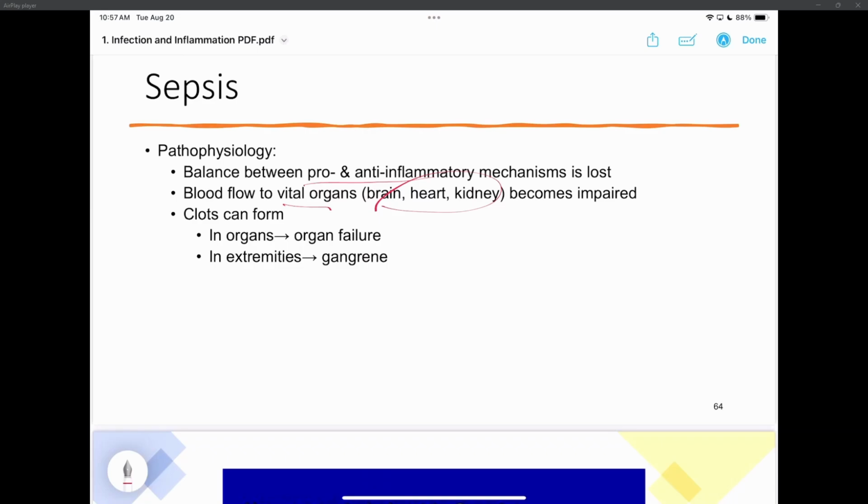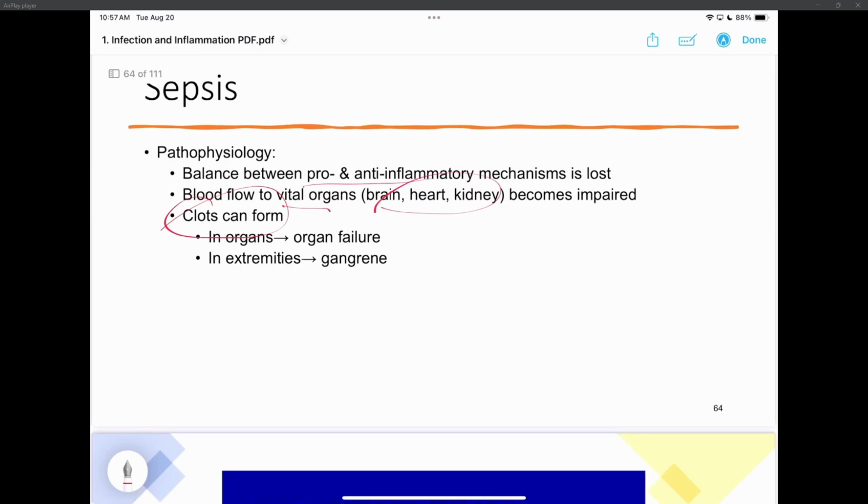Clots can form. In sepsis, one of the big side effects is clots, and they'll throw clots like crazy because the scales are tipping toward pro-clotting. Right now, we are all anti-clotting. We don't want our blood to clot, so the anti-clotting mechanisms are in control over the pro-clotting mechanisms in our body, when we aren't in sepsis or have any genetic abnormalities or bleeding problems.